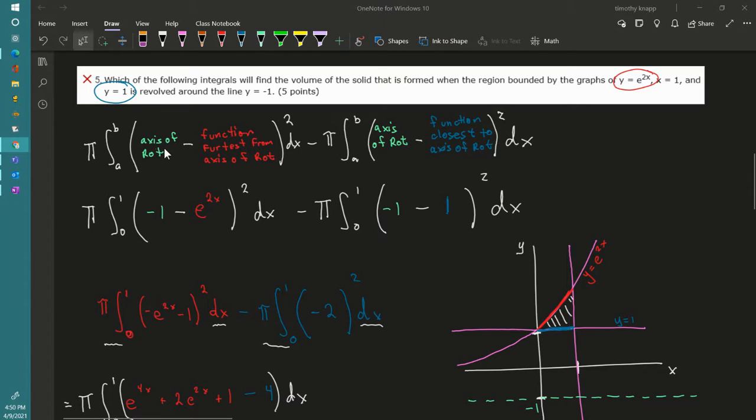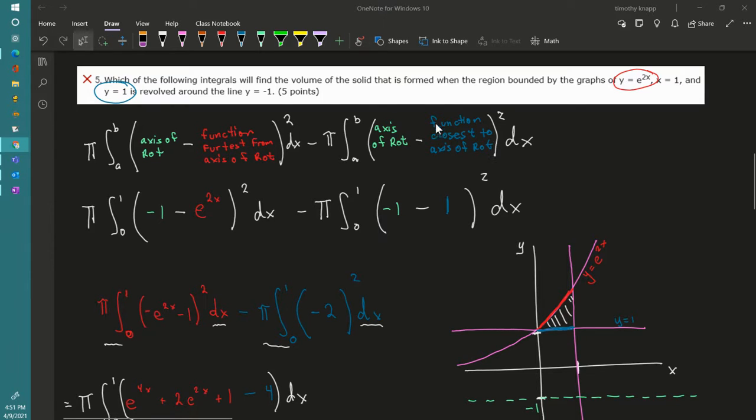So what did I write in here? In order to figure out this red volume, you basically have to find the radius, which is the distance from the axis of rotation to the red function. And I always put the function that's furthest from the axis of rotation in this first one. And then over here to find the blue area, you take the difference between your axis of rotation and your other function, your blue function.